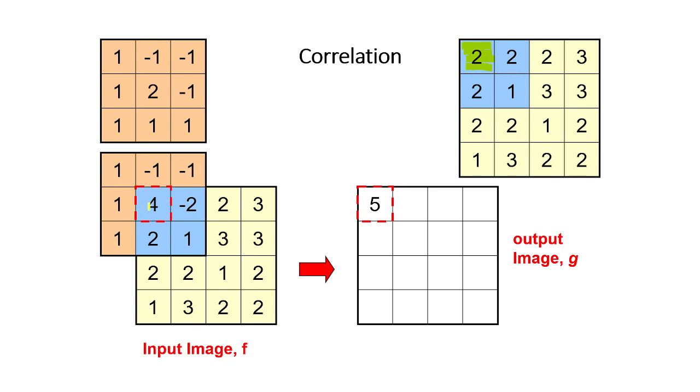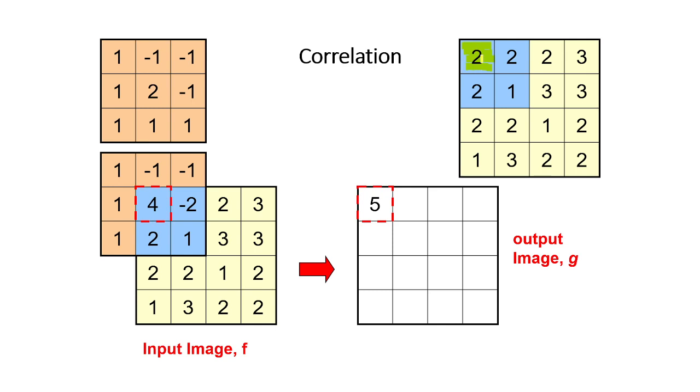Then 2 into 2 is 4, minus 1 into 2 is minus 2, 1 into 2 is 2, 1 into 1 is 1. Now we'll add up. Minus 2 plus 2 is 0, 4 plus 1 is 5. So when you sum up all these 4 values, you get 5. So the 5 is the new value for the replacement of this pixel.